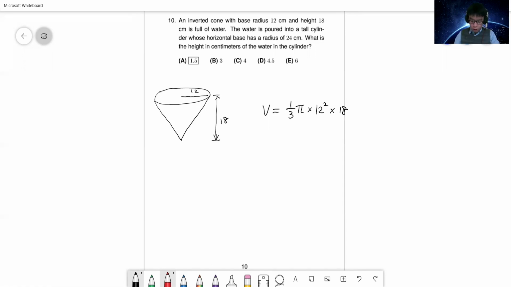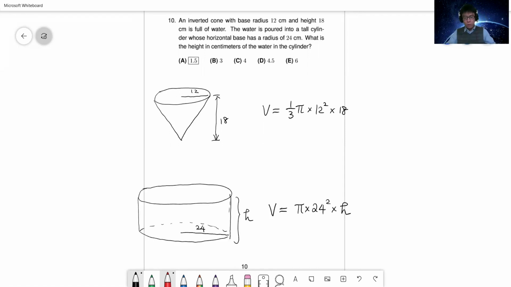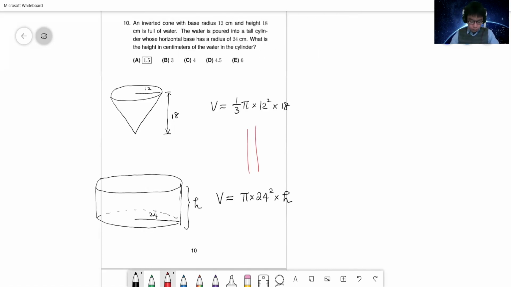V equals pi times 24 squared times h. And these two volumes are equal. So we have 1/3 pi times 12 squared times 18 equals pi times 24 squared times h.